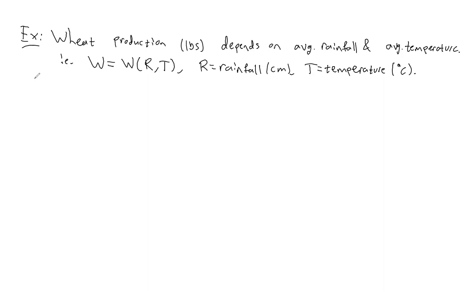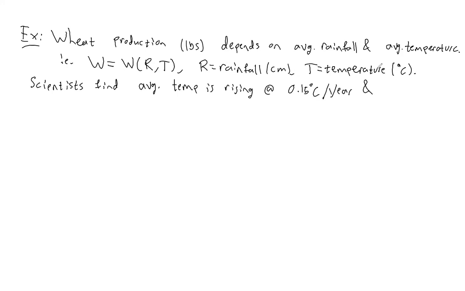Now let's say that scientists find that the average temperature is rising at 0.15 degrees Celsius per year, and the average rainfall is decreasing at 0.1 centimeters per year.